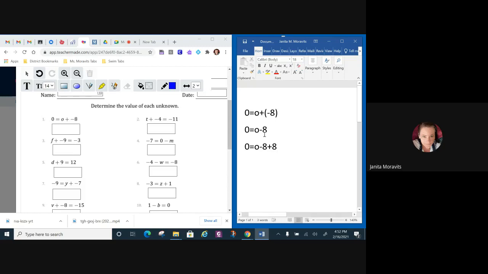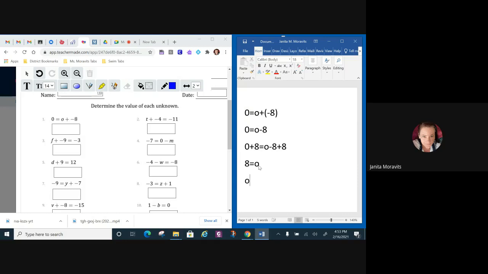Now, we also have to do it to this side. All right, so we would have to add 8 to both sides. So over here, we will have 8 equals, well, with negative 8 plus 8, that all goes away, and there's our O. Now, remember I said when you write your answers, it's good math grammar to say O equals 8.